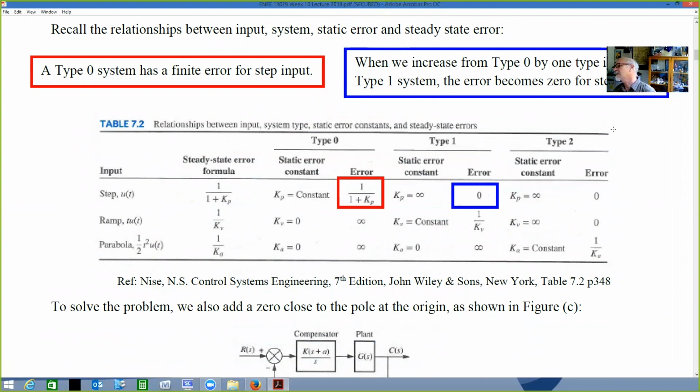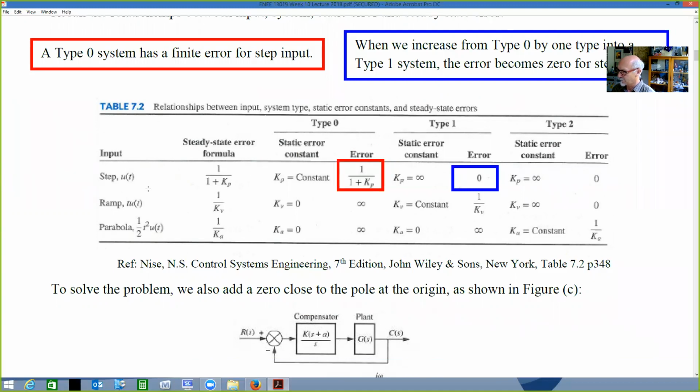When we increase from type 0 by one type into a type 1 system, then the error becomes 0 for the step input. That's the information in the table you've seen beforehand when we've been discussing steady state systems, whether the input is a step, ramp, or parabolic input.